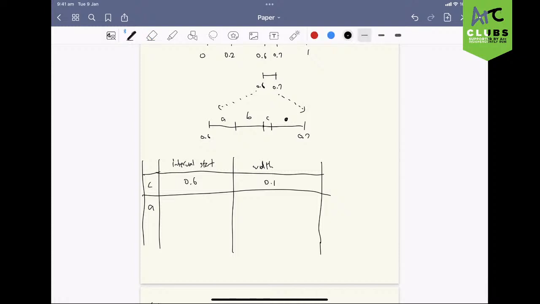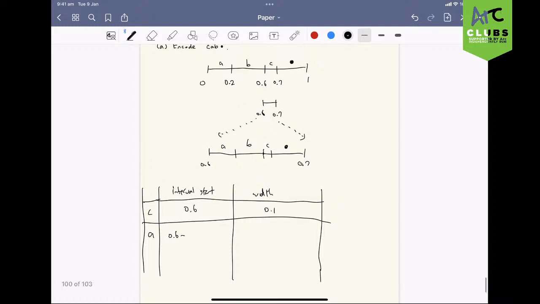The way we do that is we take the previous interval start position, take away the start position of the symbol in the original interval that we made, so 0 in this case, and we add the width of the previous interval, so 0.1, multiplied by the width of the interval for A at the beginning, so 0.2.